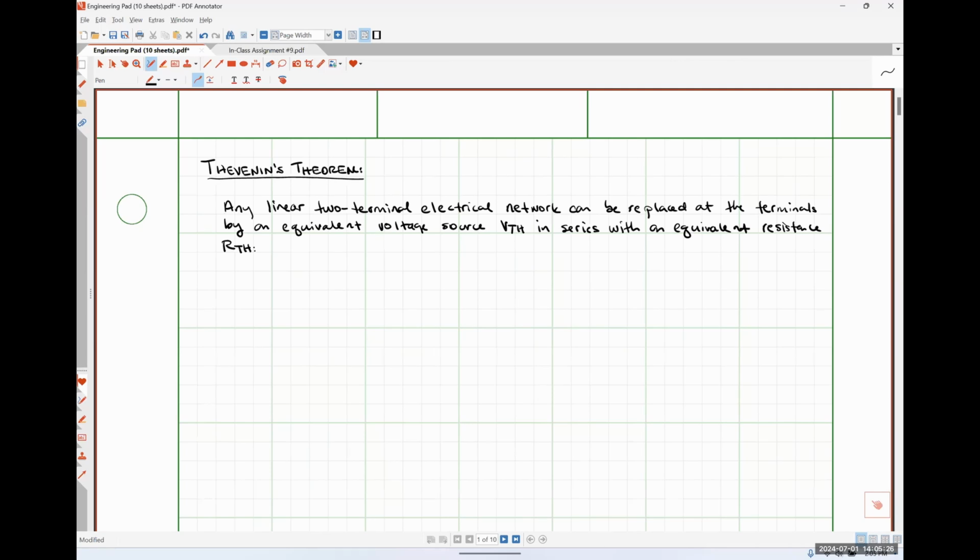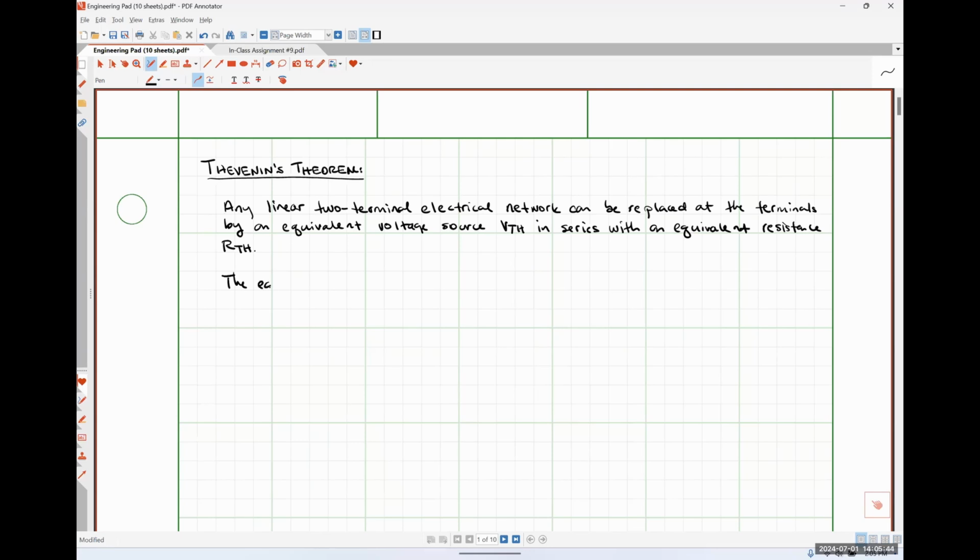So now let's talk about the rules for determining the Thevenin equivalent circuit of a particular network or portion of a network, okay? So first, let's talk about the voltage, okay?